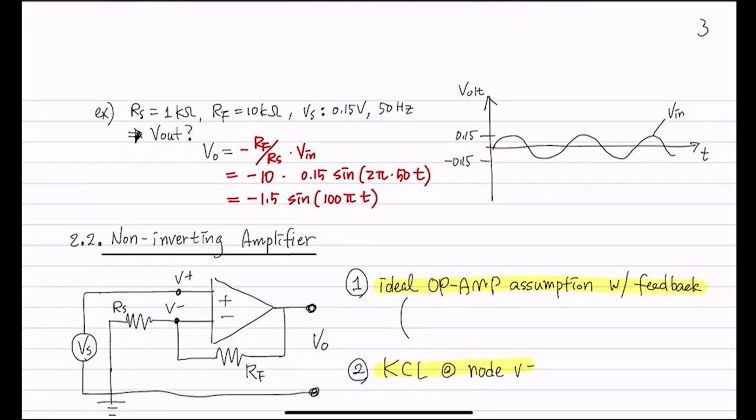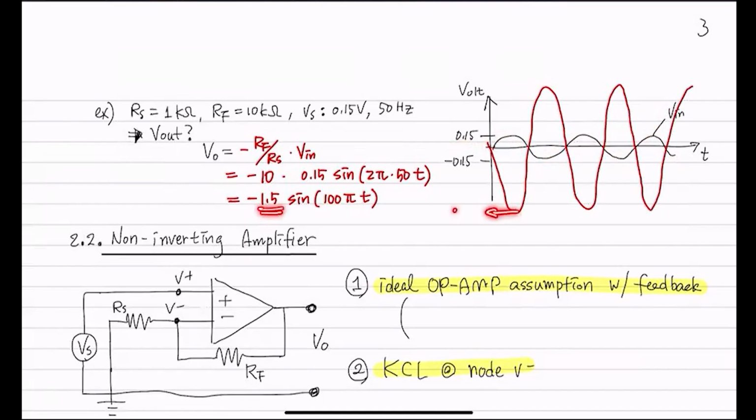So say you had an input that goes in like this. It's a sine wave with 0.15 amplitude. Then your output should look like this. See? Your amplitude is what? It's 1.5. Here is negative 1.5 and this is positive 1.5.